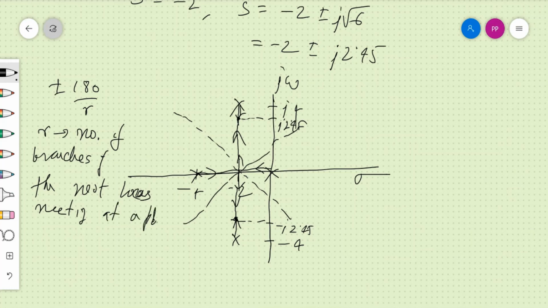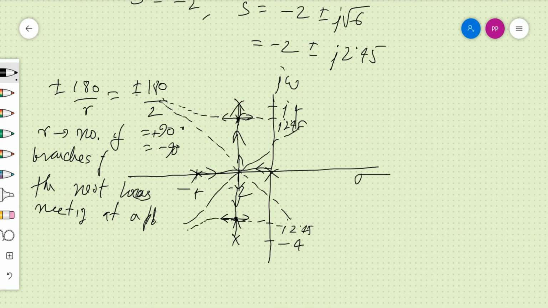Here two branches are meeting, so we have plus minus 180 by 2. So definitely this is plus 90 and minus 90. It should be like this. So your departure should be like this from this point.